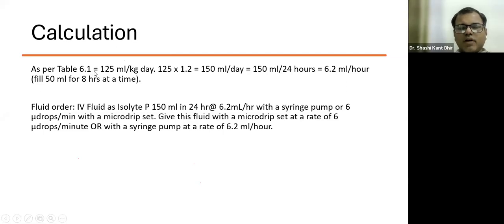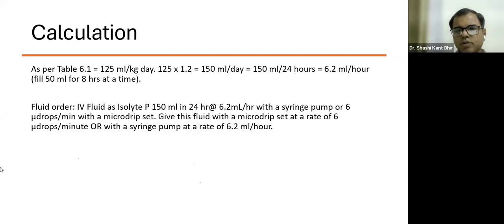As per the table which we have already shown, this baby requires 125 ml per kg per day. So if we multiply 125 into 1.2, it comes out to be 150 ml per day, right? Given over a period of 24 hours, we divide it by 24, and it comes out to be 6.2 ml per hour, right?